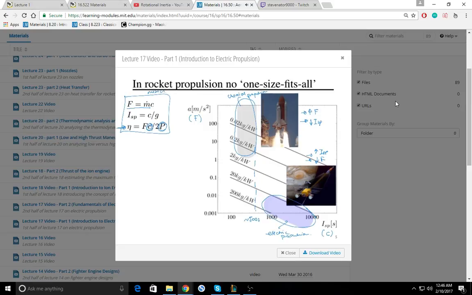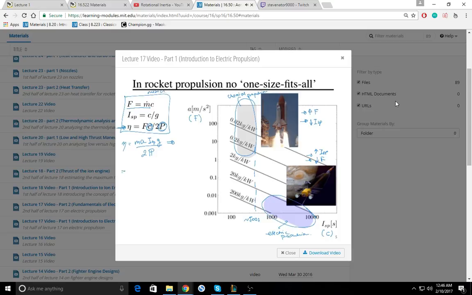And in this graph here, if we start with this efficiency equation, we can rewrite it in terms of the acceleration as a function of the specific impulse to see how this graph looks. So we have that the efficiency equals the thrust, which will be the mass times the acceleration, times the exhaust speed, which we said was the specific impulse times the gravity constant, divided by 2 times the power.